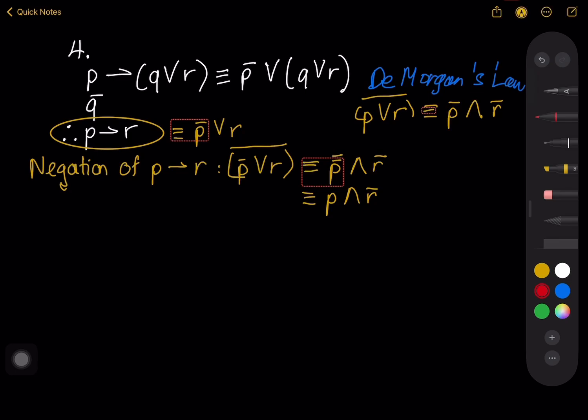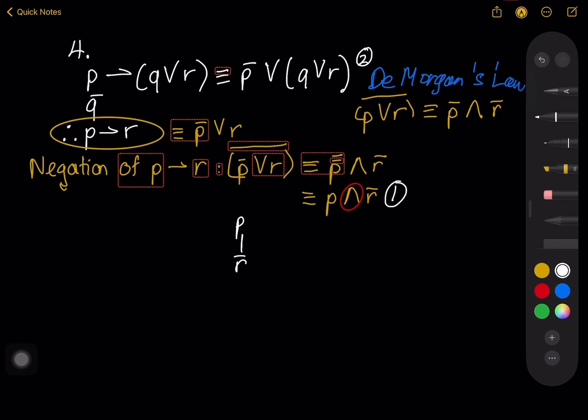Since we have an and over here, we will stack our statement, right? Okay, first line of the tree: P, stack it up, not R. All right, so now look at our second line of the tree, which is the first premise.